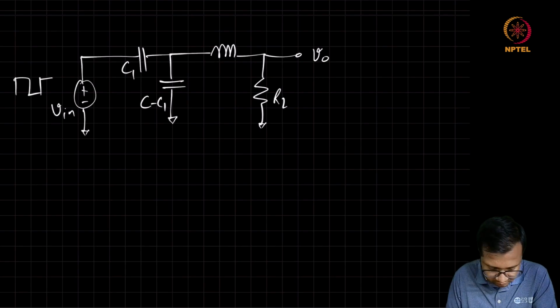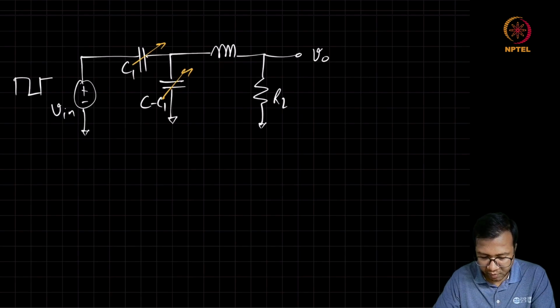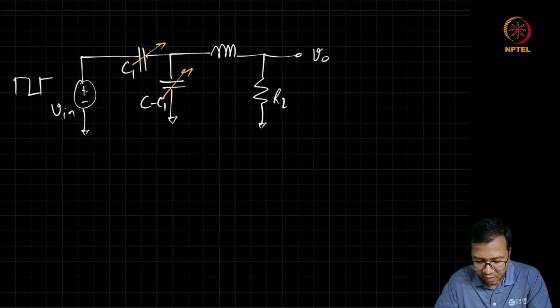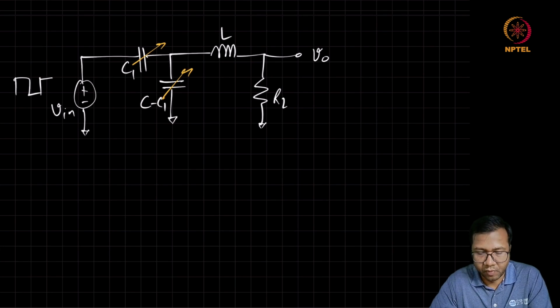We are making both of them variable. So by making both of them variable, you're keeping the total capacitance constant while scaling the strength of the output voltage.